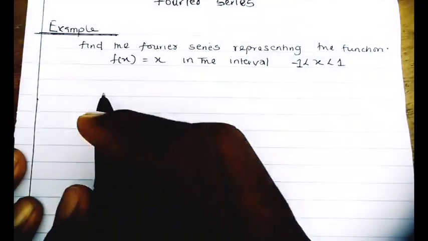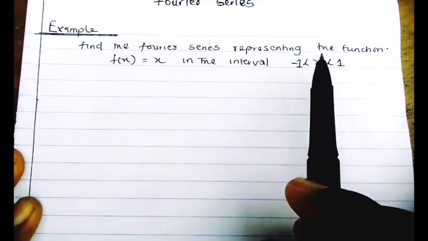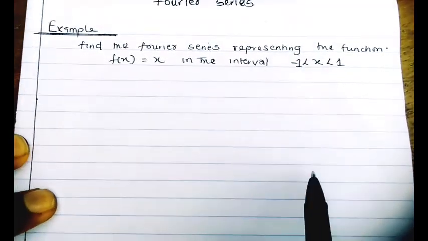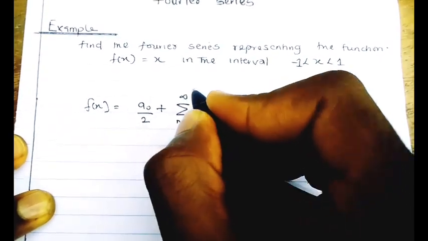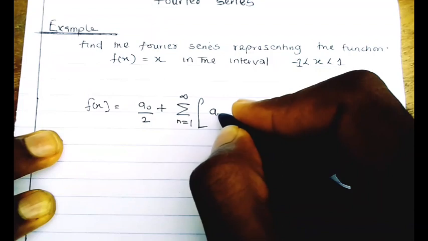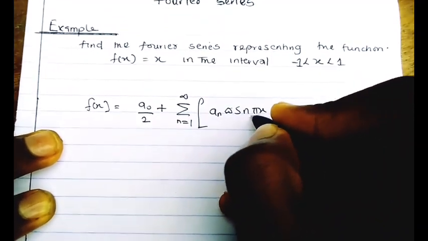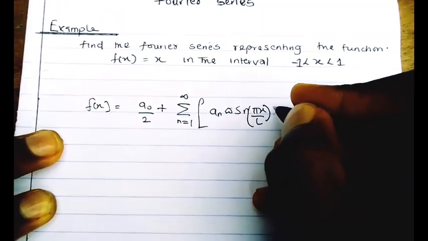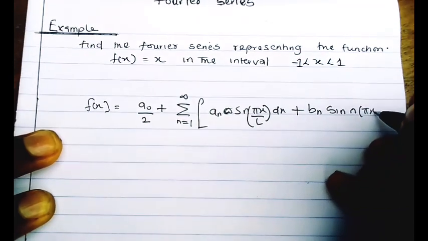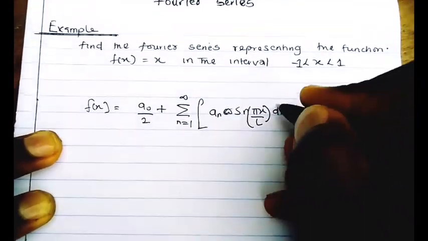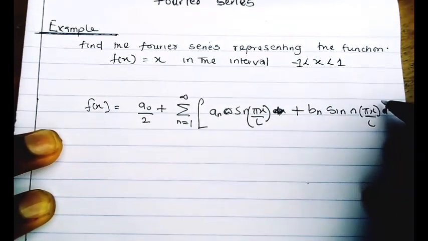It's just like the Fourier series, but with a lot of things changed. When the function's interval is not minus pi to pi, the formula goes like this: f(x) is equal to a naught divided by 2 plus the summation from n equal to 1 to infinity of, in brackets, an cos n pi x over l plus bn sine n pi x over l. Sorry, there's no dx because there's no integration sign, so just closing the bracket.